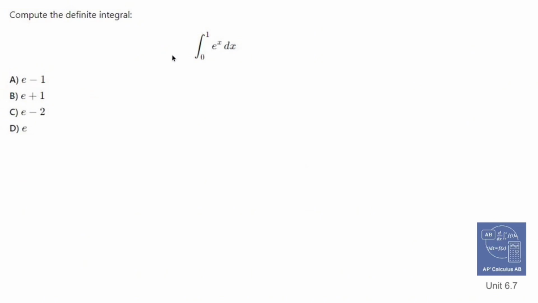Compute the definite integral where we have the integral between 0 and 1 of e to the x dx. Well, this is a fun little rule. The integral of e to the x dx is just e to the x. So what I do is I take the integral, e to the x, I carry along my limits of integration, which are still just 1 and 0.